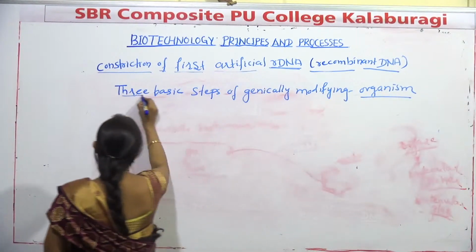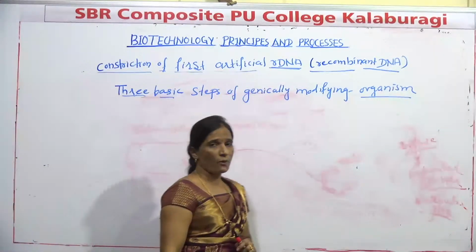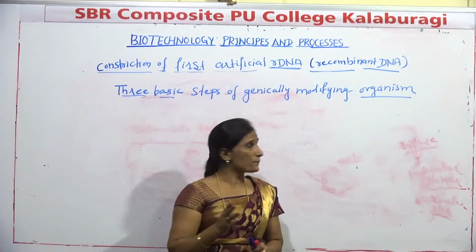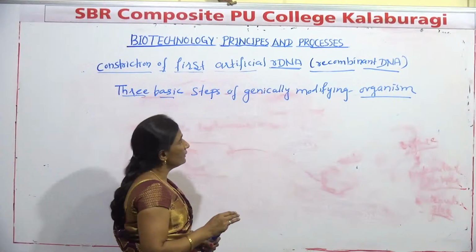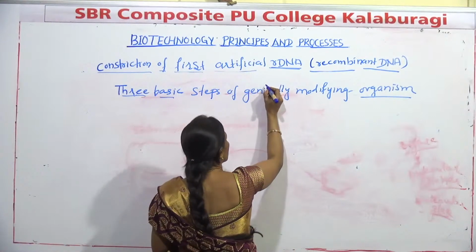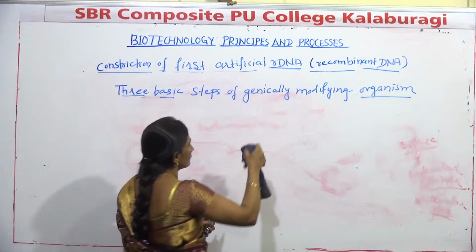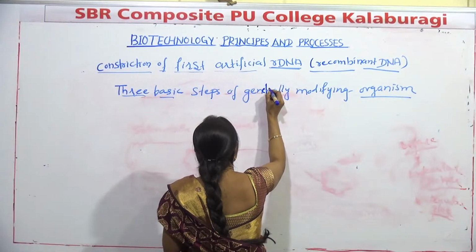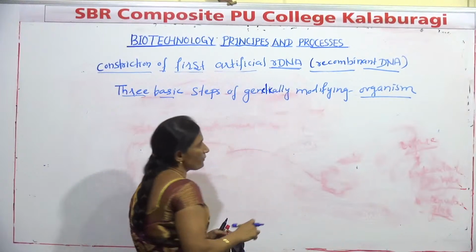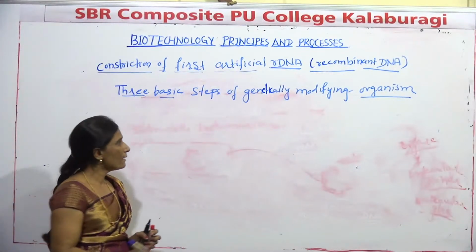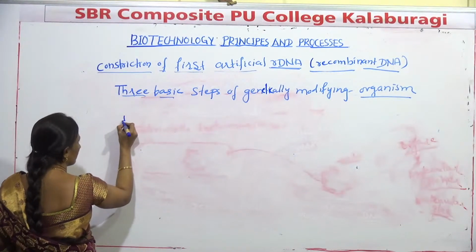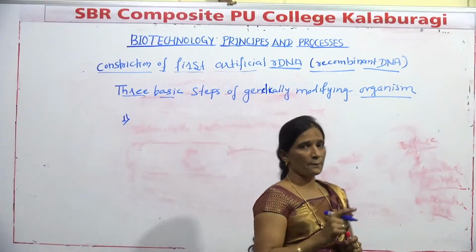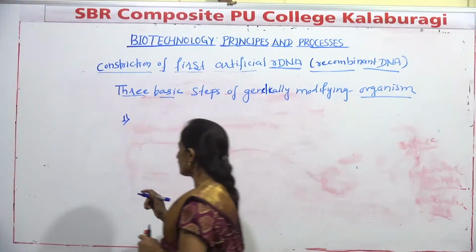So there are how many basic steps of genetically modifying an organism? There are 3 basic steps of genetically modifying an organism. What is the first step?